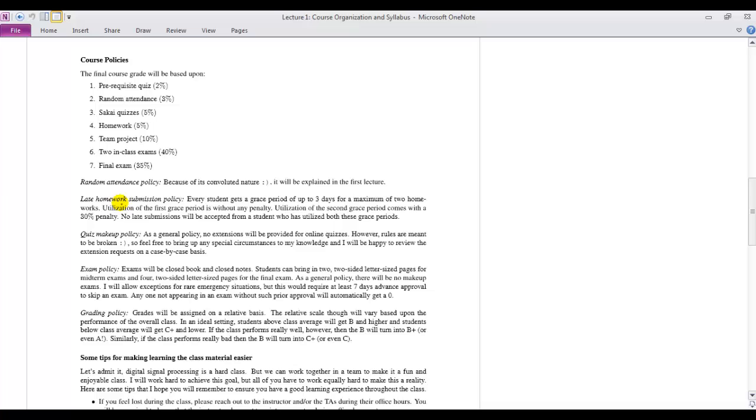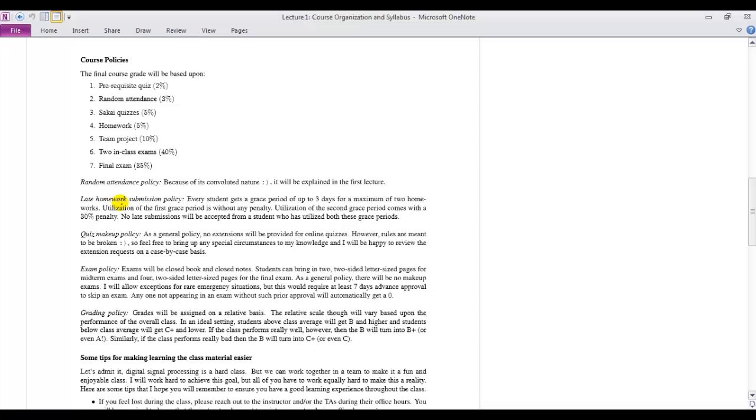And you should use them if you really think you can't work. Don't spend them in your first 2 homeworks and then say, oh, now I have a real emergency, what do I do? Okay, so I've created this policy so that you don't have to come to me and ask, well, I got this and this, can I submit the homework late?